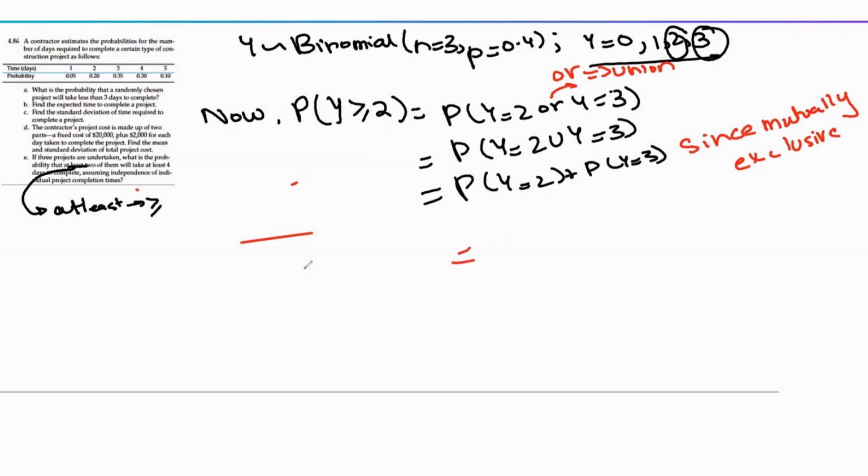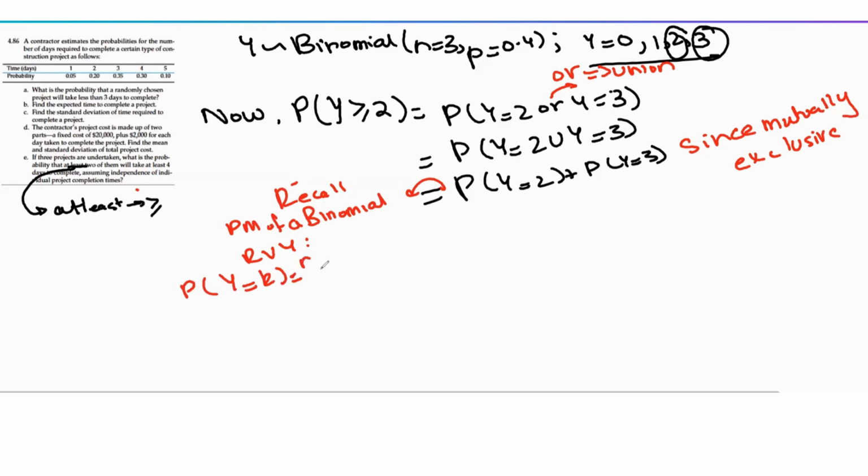So to find this, we need to recall what the PMF of a binomial random variable is like. So recall the PMF of a binomial random variable, if we just say y, because here we named our binomial random variable y: probability y is equal to k.